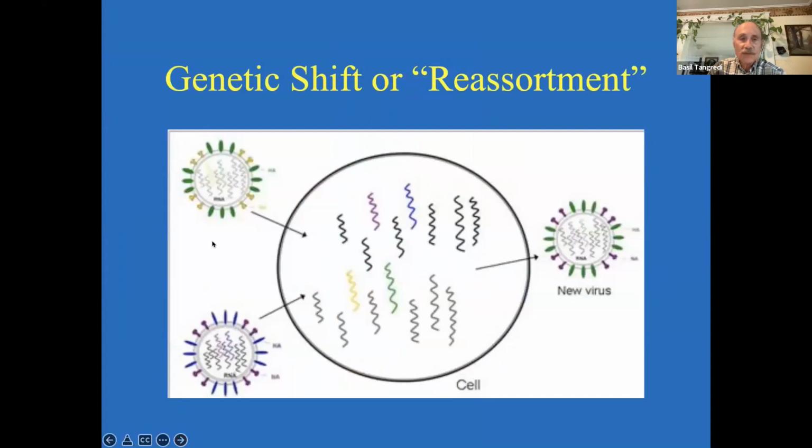And this describes that. Here are two different influenza viruses in the cell, all getting mixed up, and now we have a new virus, a hybrid of these first two viruses. And this is called genetic shift or reassortment.